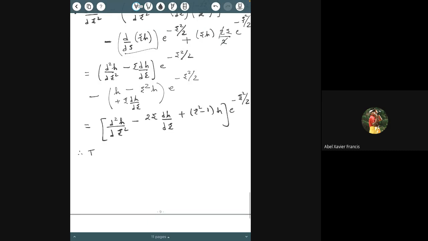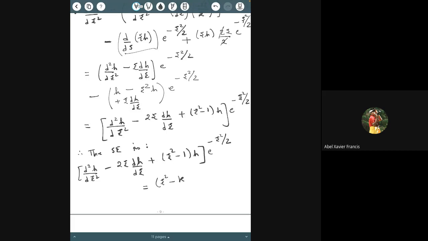So therefore, I can now write the Schrodinger equation as d squared h d psi square minus 2 xi dh d psi plus xi square minus 1 h e to the power minus xi square by 2 is equal to, if you remember the right hand side, it was xi square minus k e to the power minus xi square by 2.